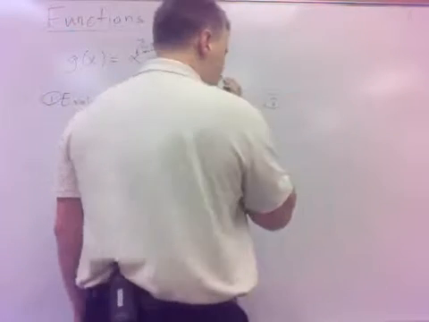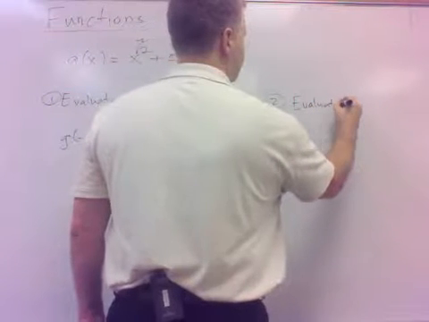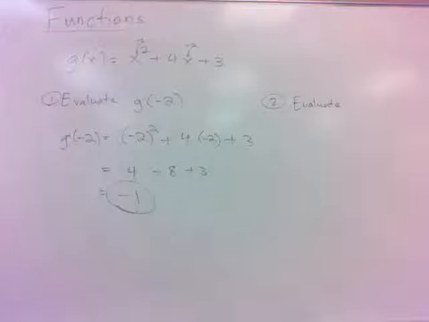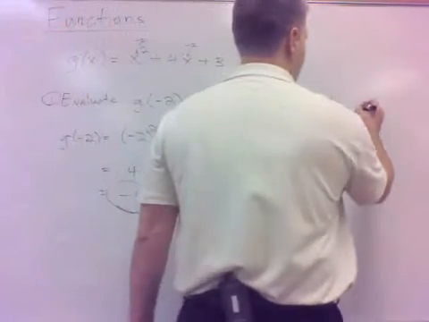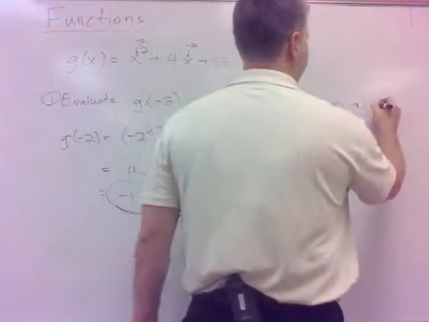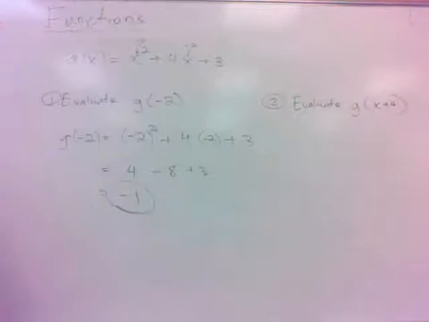Now, we've inputted several of these. We inputted just numbers. But you don't have to just input numbers; you can input other expressions. Say I want to evaluate g of x plus 4. Well, it means the very same thing.